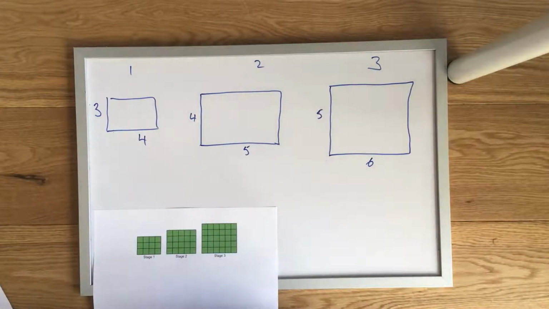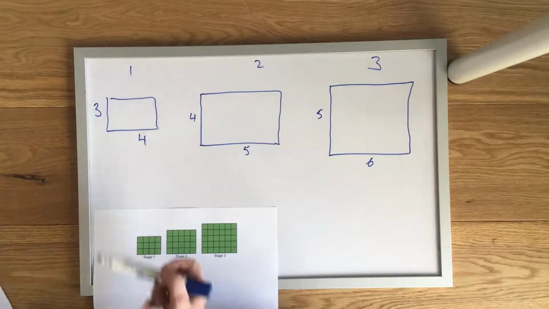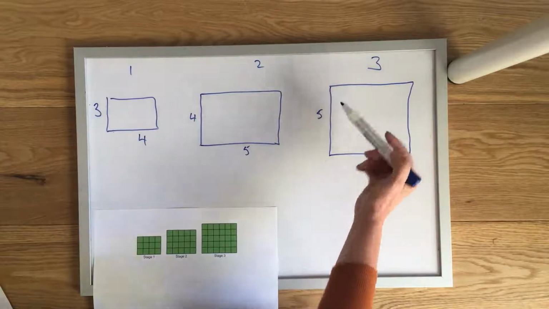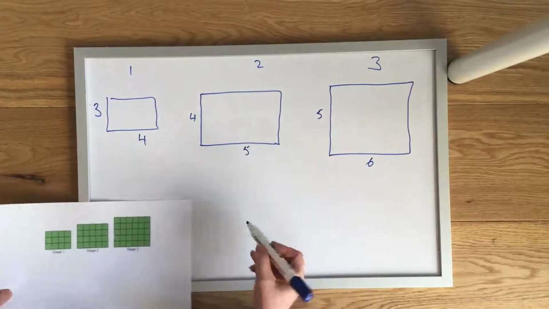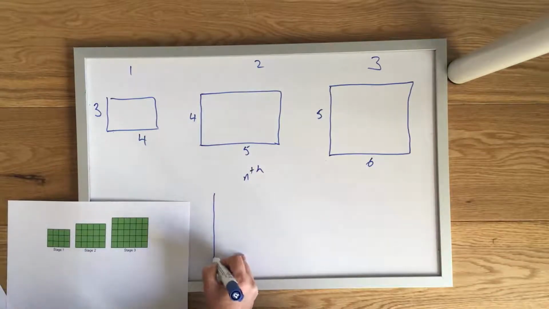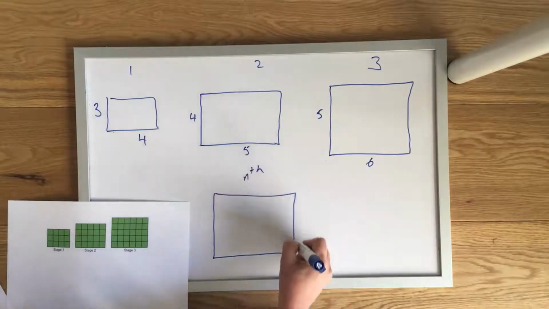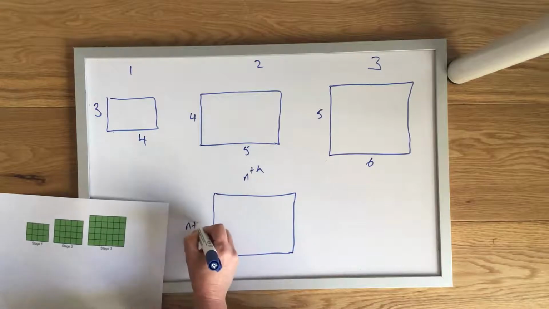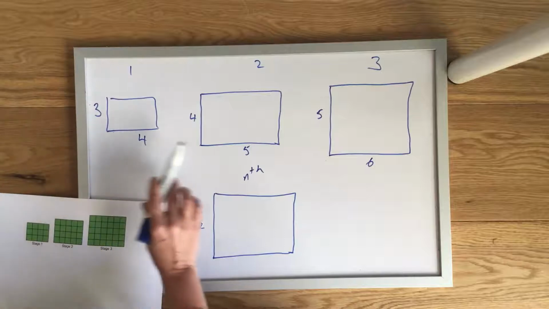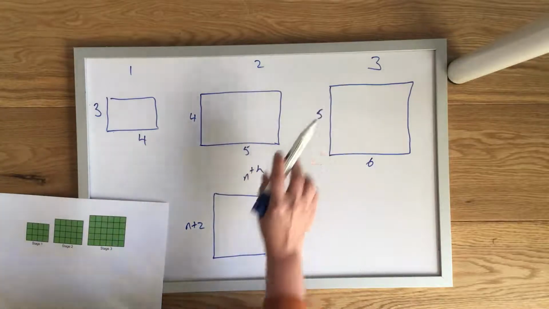Okay, so we can see each time that the height is 2 more than the term number. So we would expect our nth term to have a height which is 2 higher than n, or n plus 2. And we expect the width to be 3 more than the term number.